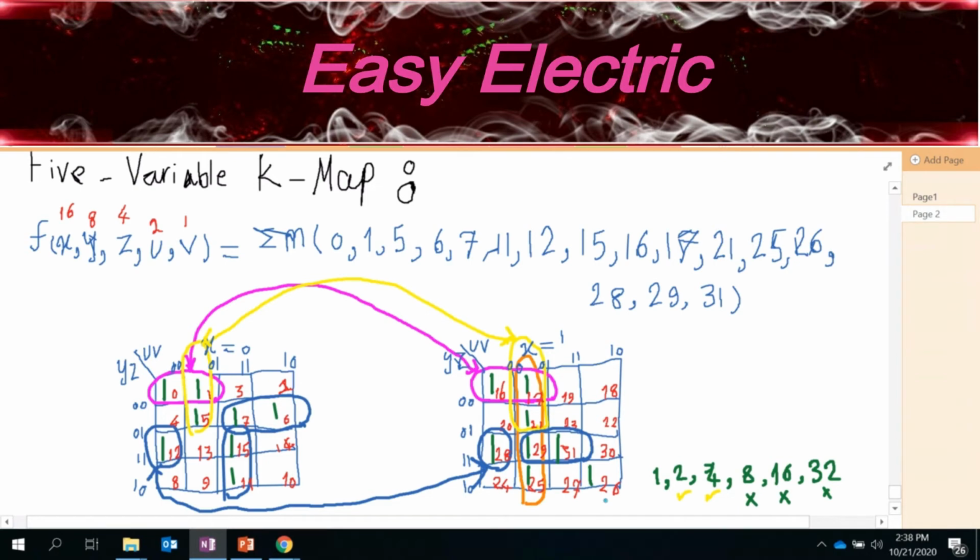So that means the last one goes inside a group with 1 member. So we follow the same rules that we learned at the beginning of the K-map, okay? The number of groups should be minimum. We try our best so the number of groups is minimum, and the members should be max, okay?